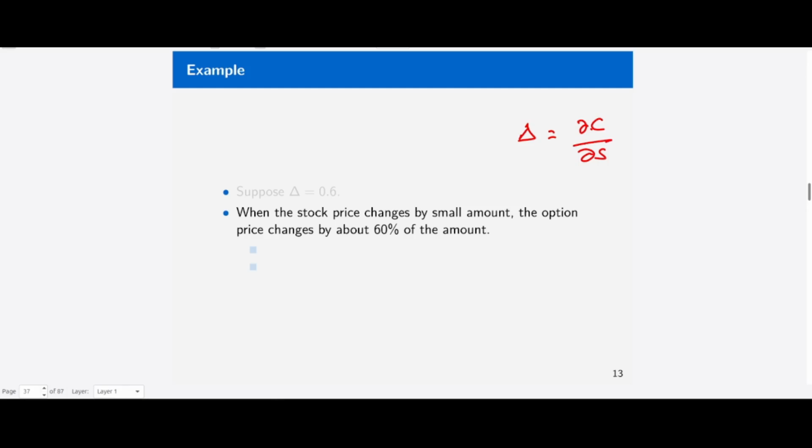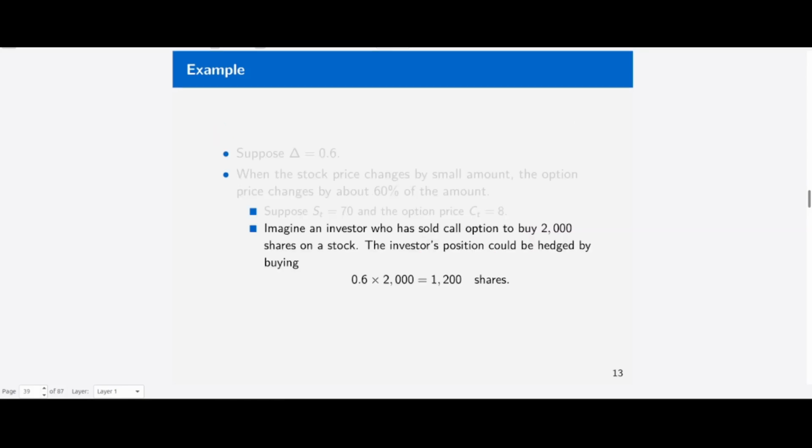So if delta is 0.6, when the stock price changes by a small amount, the option price changes by 60% of the amount, right? That means we can write it this way: delta C, the change of the option, is equal to 0.6 times delta S, the change of the underlying asset.